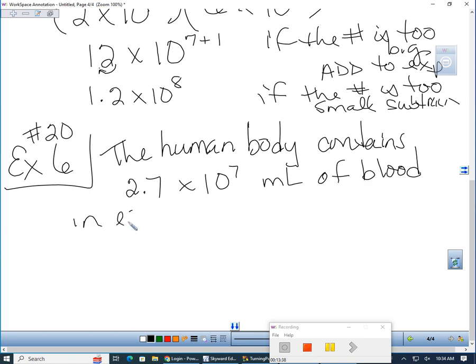In each, there is about 8 times 10 to the 4th white blood cells.